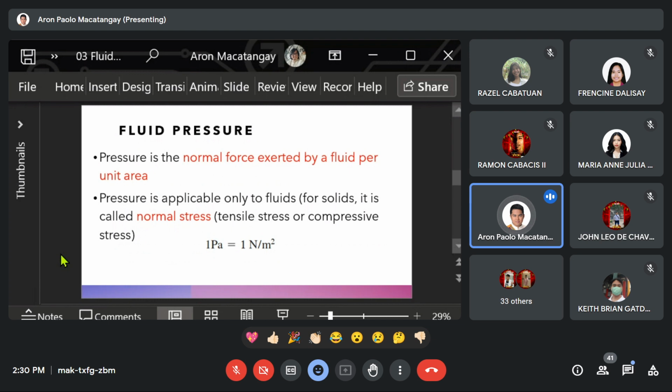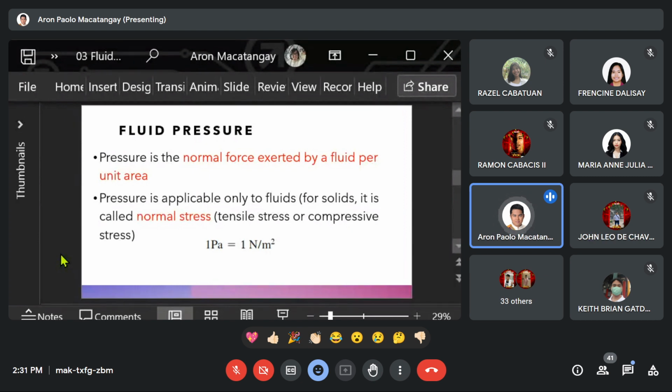If you compare this to the mechanics of rigid bodies, the term for them is not pressure but stress. The stress you solve in your deformable bodies, force over area, is actually pressure when your object becomes a fluid. It's called pressure, but basically the definition is the same. It is still force over area.